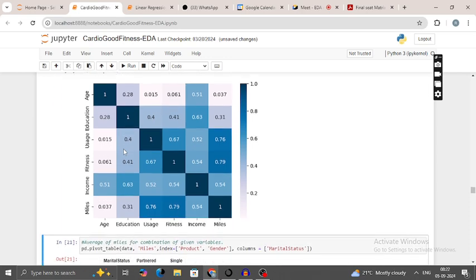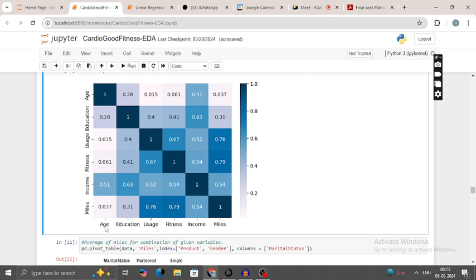In heat maps, all are numerical values: age is a number, education is a number, usage is a number, fitness, income, miles, all these are numbers. These are all the principal diagonal; age is related to age as 1, education is related to education as 1.